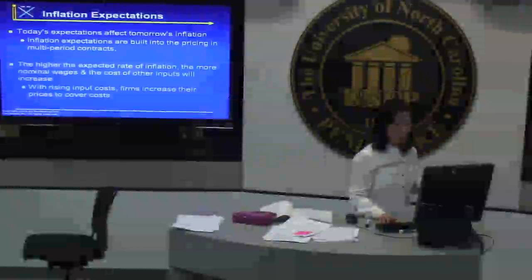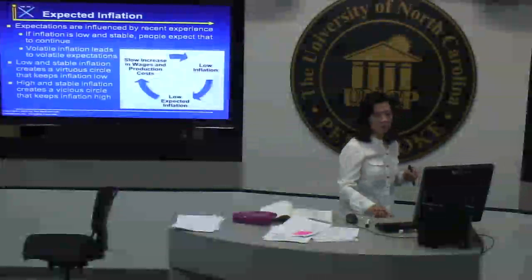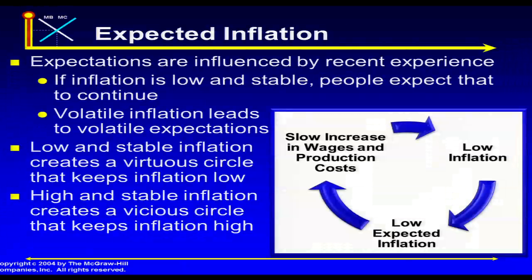So let's talk about the expectation. If you look at this diagram, what it's saying is that on a typical normal day, when there is low inflation, let's say inflation now is about 2%, you go up to your boss and say, how about an increase for next year? It's time to sign my new contract.